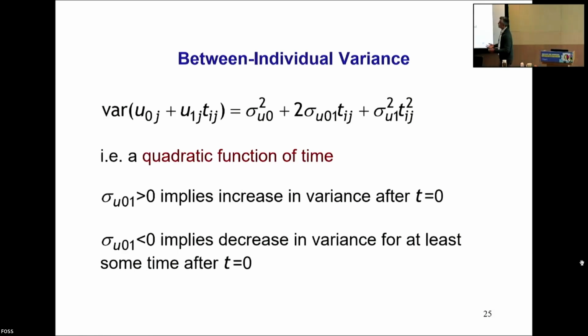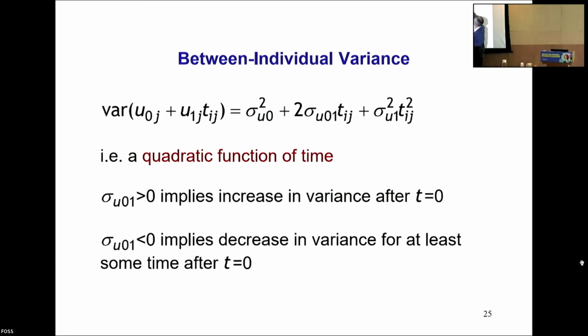Just one thing to note for those technically minded: remember, we've got two kinds of variances at the group level, the intercept variance and the slope variance. And the group level variance is a function of our x variable. It changes as x increases or decreases. So when you add up these two variances, you get a quadratic function of time.